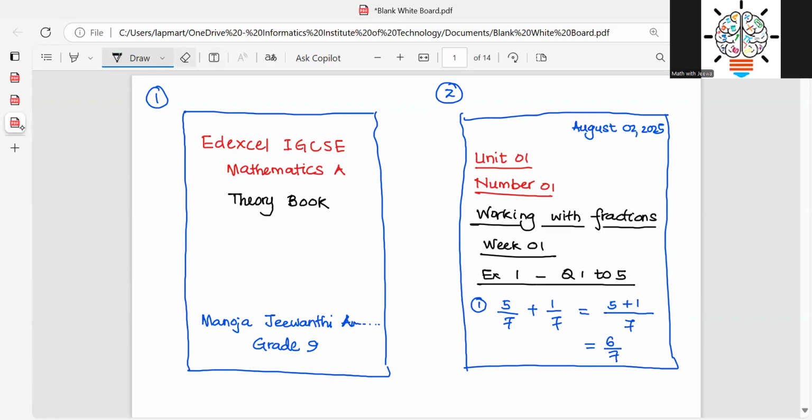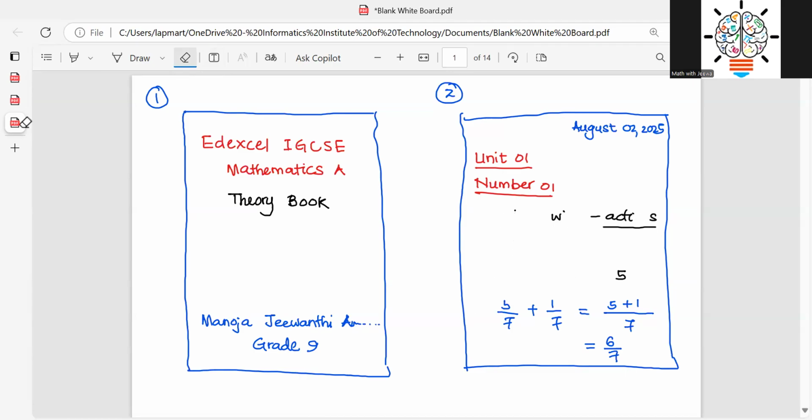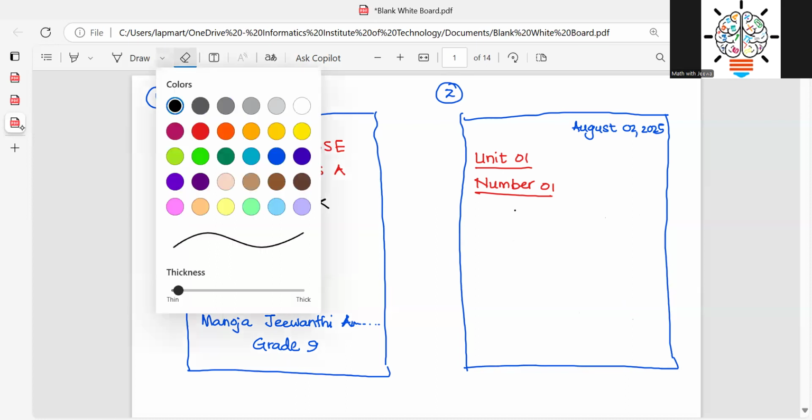Then you go to the second page, where you have something like this: working with fractions, the basics. The topic should be in black color. This is the second page.